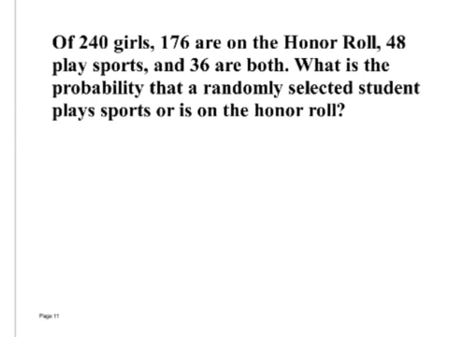Alright, so you need to write this down. Of 240 girls at a school, 176 are on the honor roll, 48 play sports, and 36 are both. They're on the honor roll and play sports. So what is the probability that a randomly selected student plays sports or is on the honor roll?